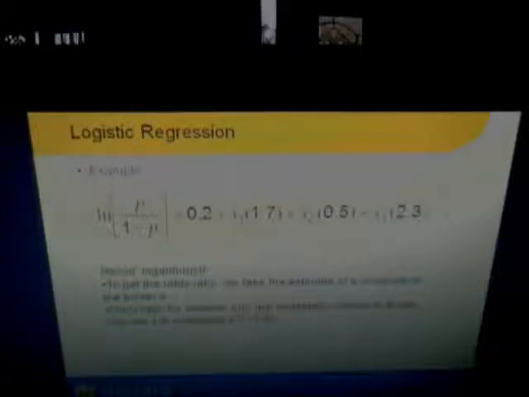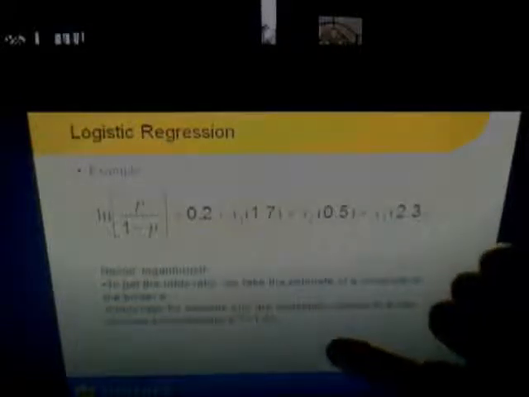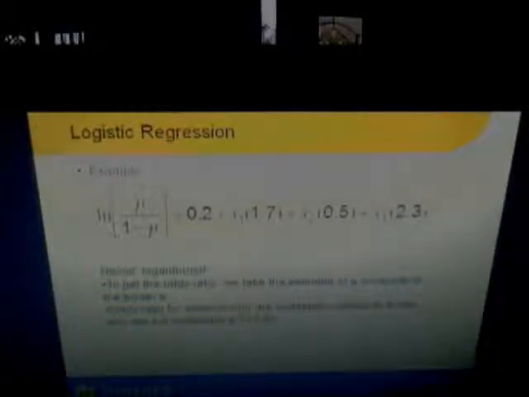So e to the power 0.5 gives us 1.65, and that is the odds of being anemic for patients who are metastatic relative to those who are not metastatic. And I know that because of the way I define the 1 and the 0. The 0 is the control, the not metastatic piece.